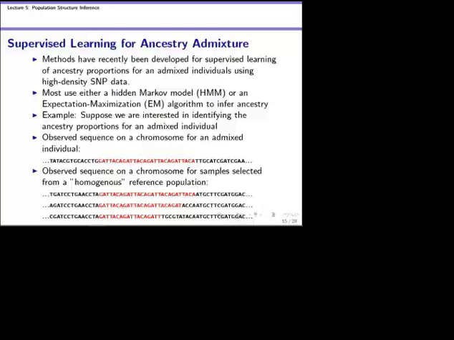These supervised methods for inferring genetic ancestry essentially use reference populations. There's a lot of data out there freely available. HapMap, everyone's heard of HapMap. HapMap data is available. HGDP, 1,000 Genomes, all this is freely available data.